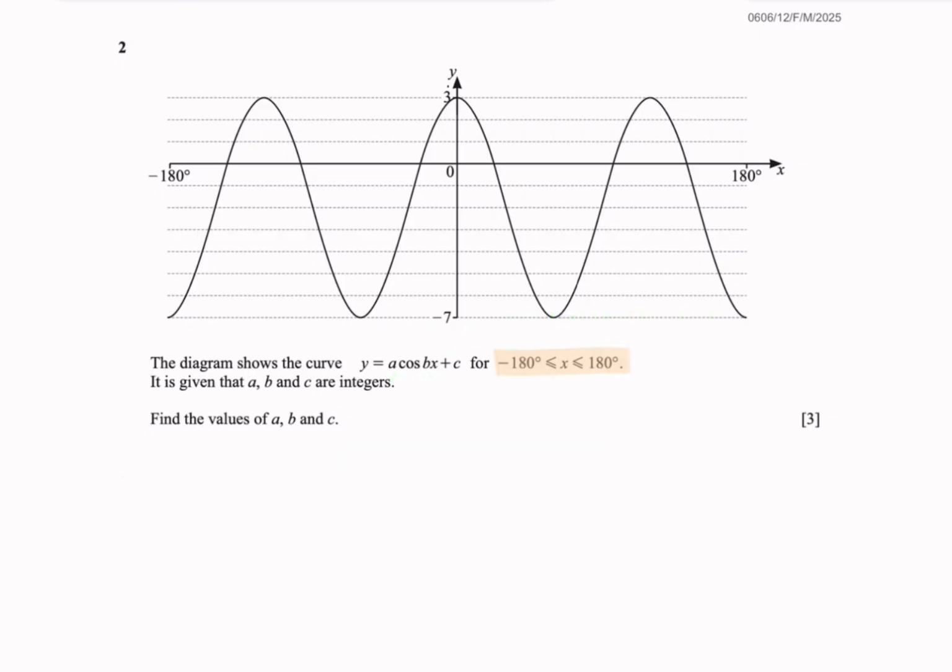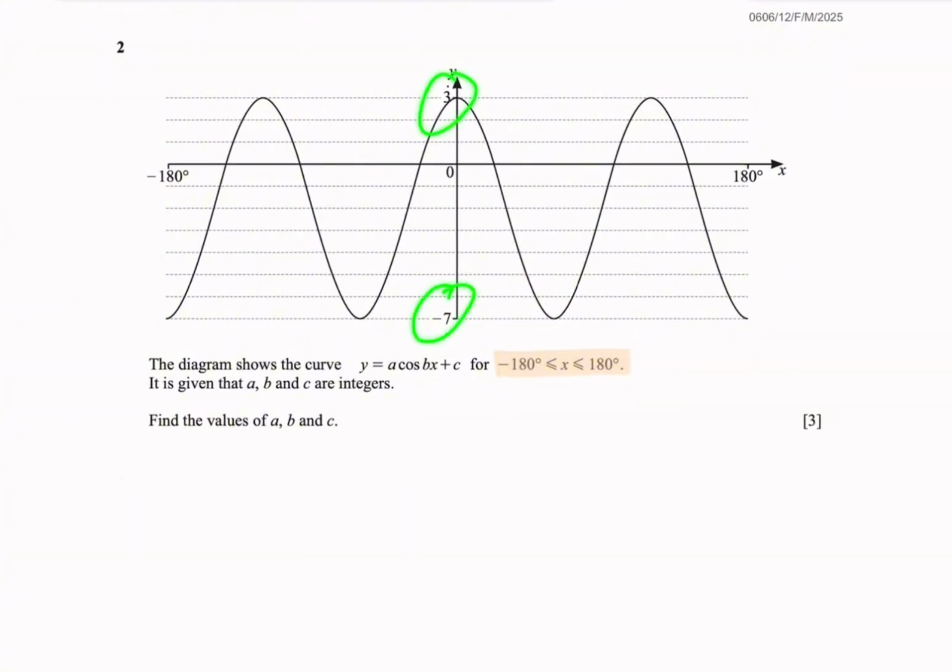Okay, so first we can figure out the amplitude of this graph. To do that, you look at 3 and minus 7. The difference between 3 and minus 7 is 10, so here is 10 units. And if you look at a cos graph, it's supposed to look something like this.